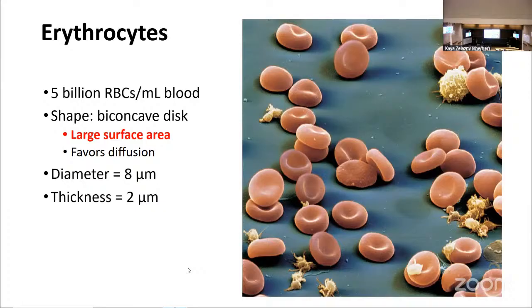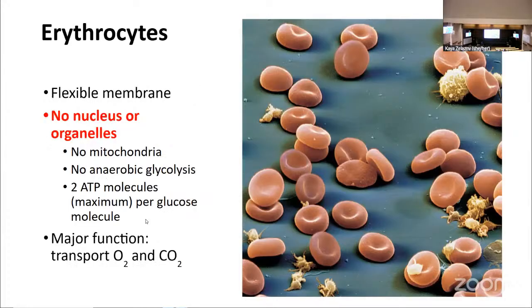So this is influencing diffusion, both coming in and out of these cells. They're also pretty small, about 8 microns in diameter and about 2 in thickness, and that's going to let them go into small vessels like your capillaries. They're also a little squishy, so their membrane is particularly flexible, letting them travel throughout your body.